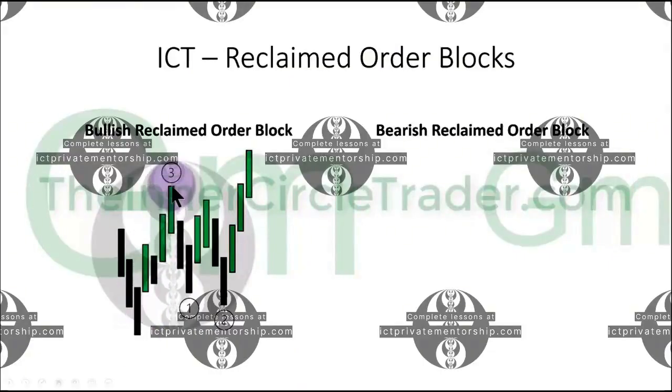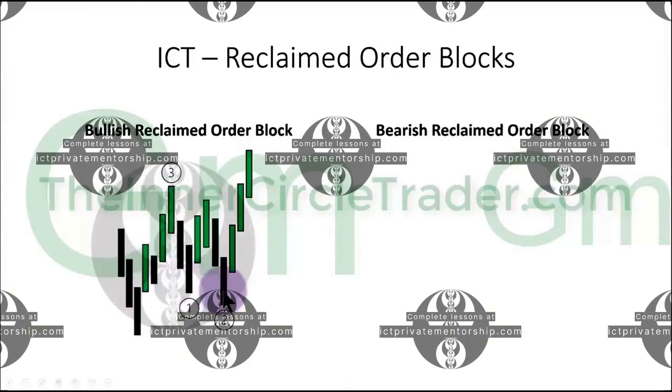And you're anticipating the draw on liquidity up here somewhere being the eventual draw for price to go higher. And you see price drop down in here, and all this is doing is the algorithm allowing interbank traders to pick up more buying in here. And then it rallies.